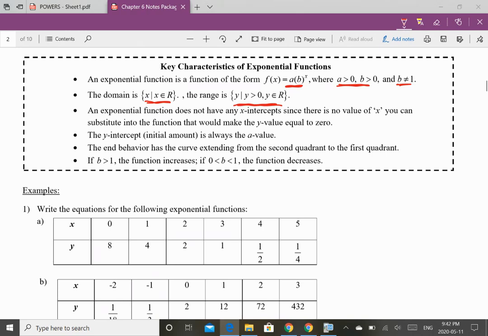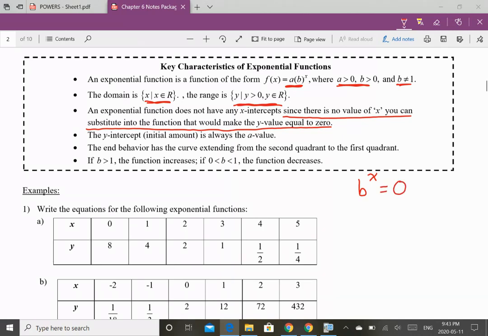Now, we didn't talk about why, so let's talk about why. There is no value of x that you can substitute into the function that would make the y value equal to 0. If you have a positive base, there is no way that you can take any base that is a positive number and raise it to an exponent and have that be equal to 0.